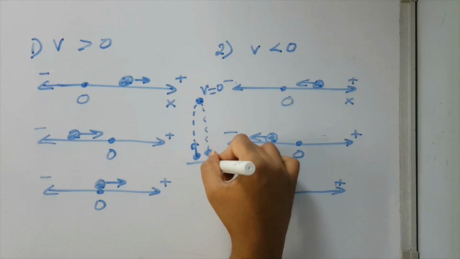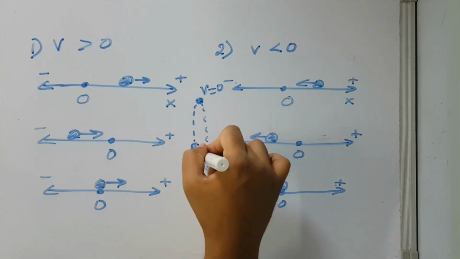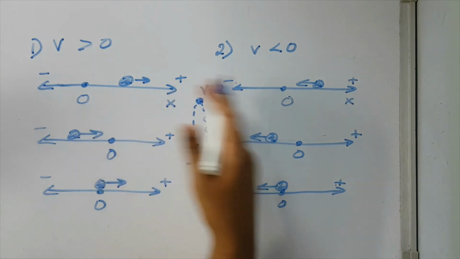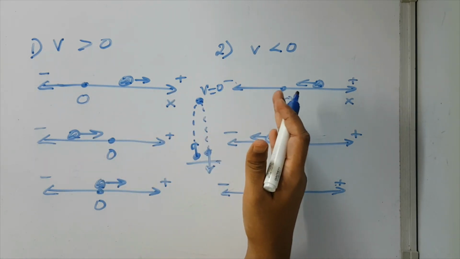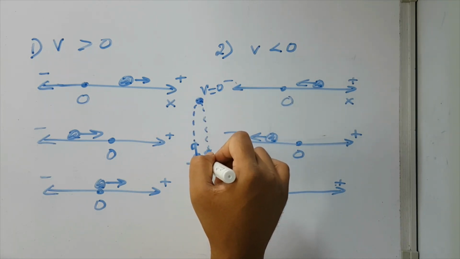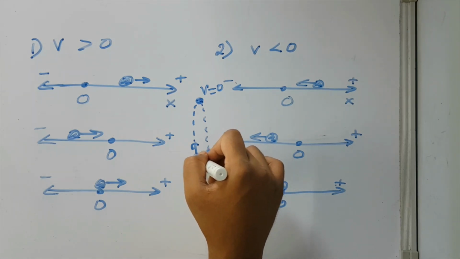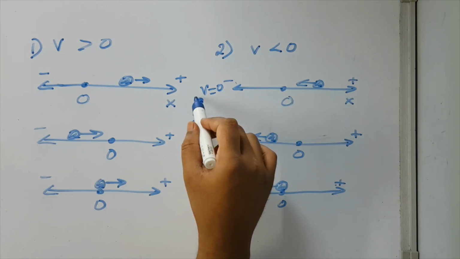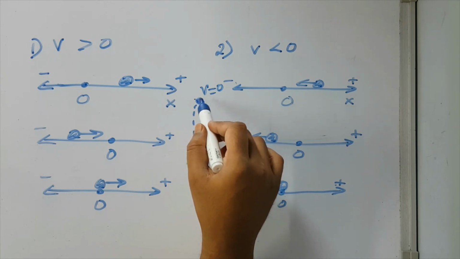So you could see why it is important to study motion in a straight line, because the best example is throwing something vertically upwards. You have given it some velocity, then it goes up and then stops and then comes down.